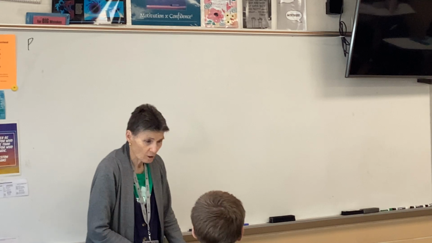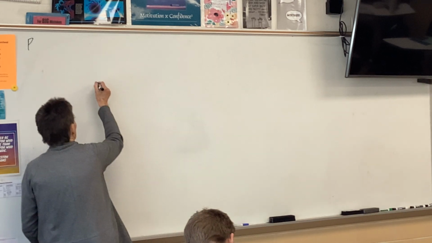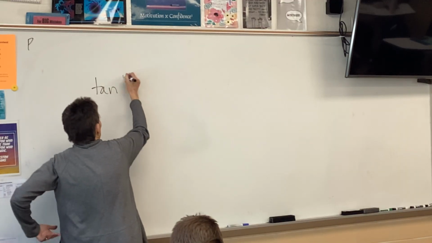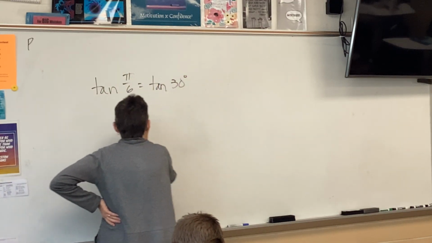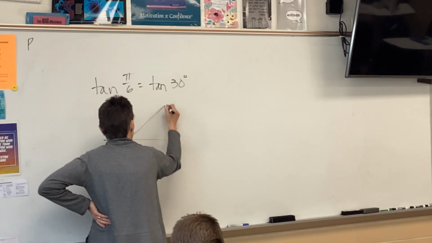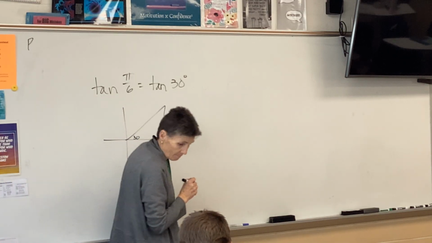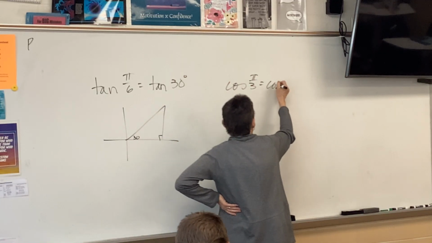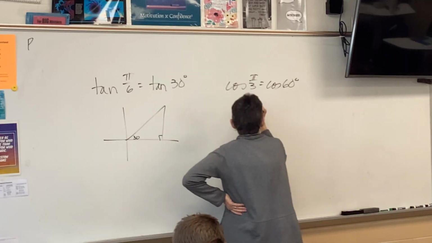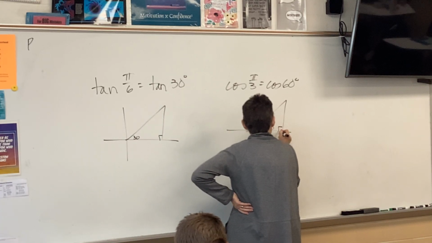The short way goes across from 30. Always across from 30. Adjacent over... square root 3 over 2.